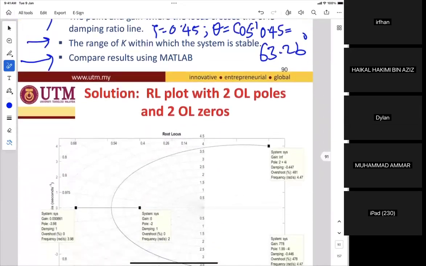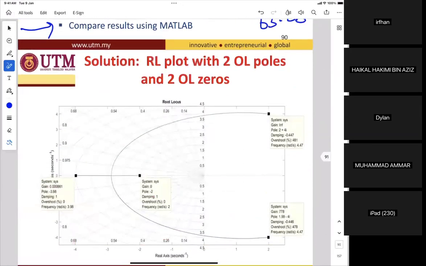Okay. So this is the plot. This is the zeros. This is the poles.